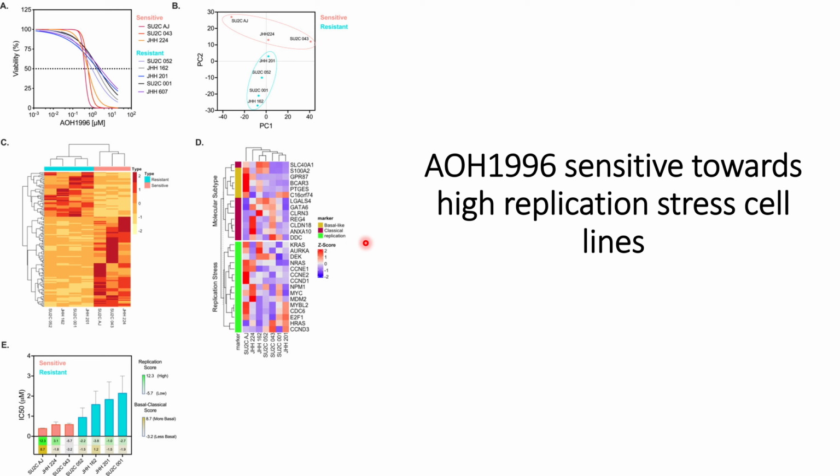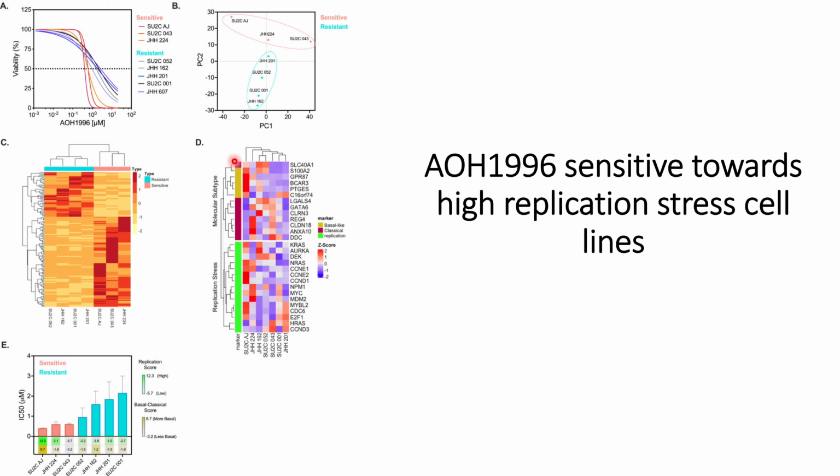Replication cell lines are the most sensitive to AOH1996 as they have more replication stress, and these are the markers that are considered for replication stress, in the green color. The markers for the classical cell lines are shown in the middle section. The markers for the basal-like cell lines are shown here.